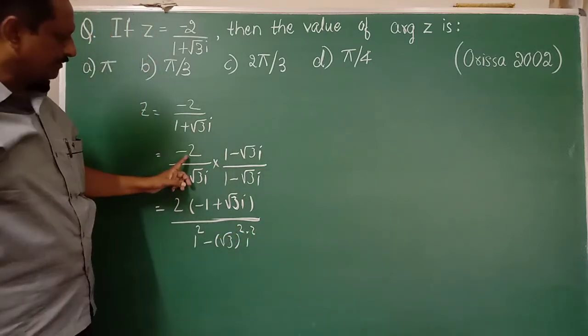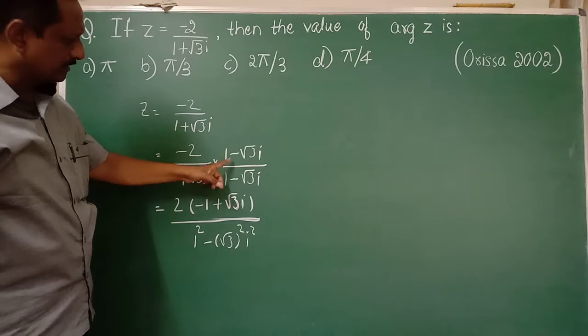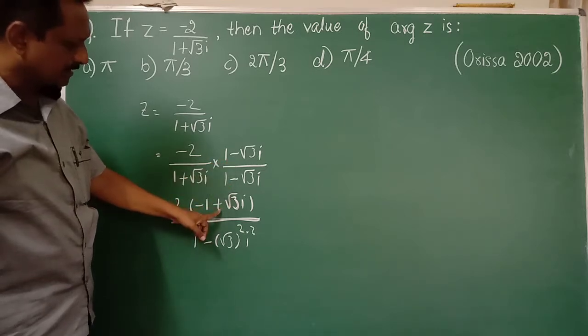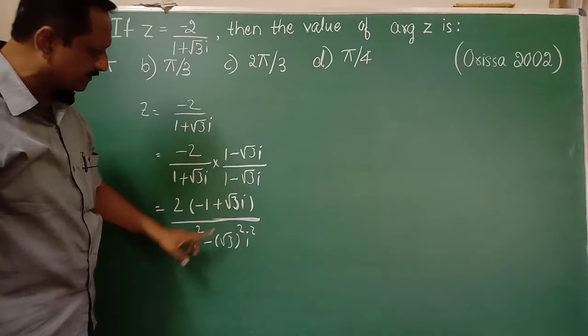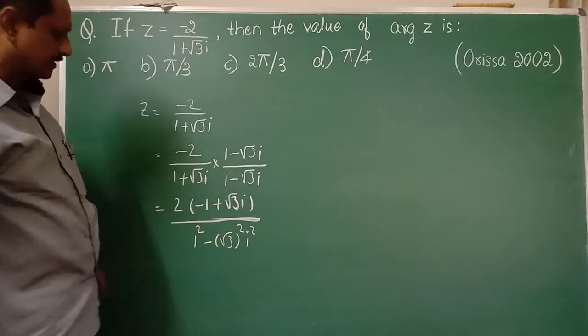Take the minus here: minus 1, minus into minus becomes plus, plus root 3 i. And the denominator is just like (a plus b)(a minus b), a square minus b square.